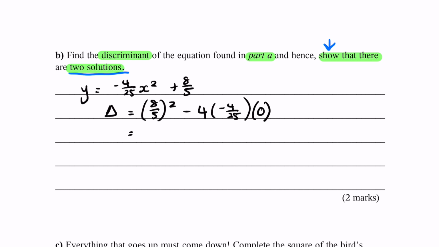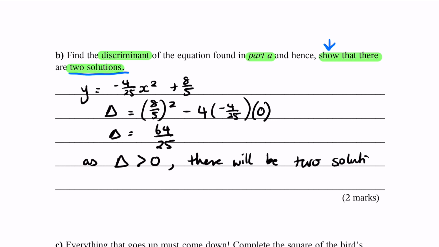You don't have to worry about doing it in your head. This is 0 times all of this, so that's kind of nice though. So this part you probably can just do on your own. That's 64 on 25. So because the discriminant is greater than 0, we can say as the discriminant is greater than 0, there will be two solutions.